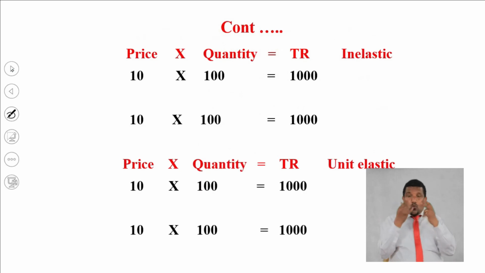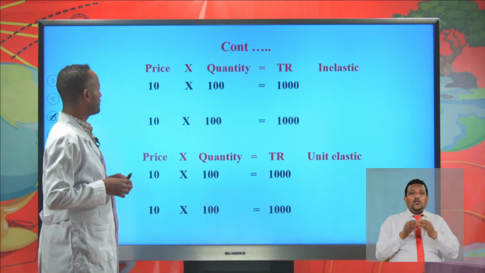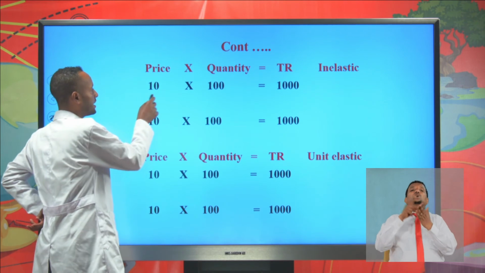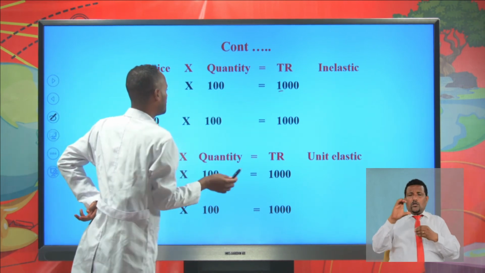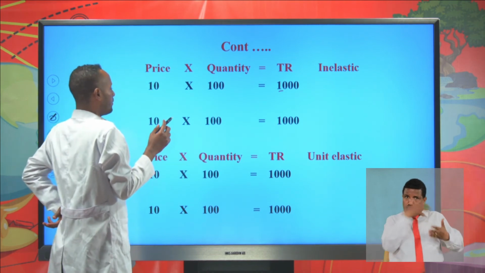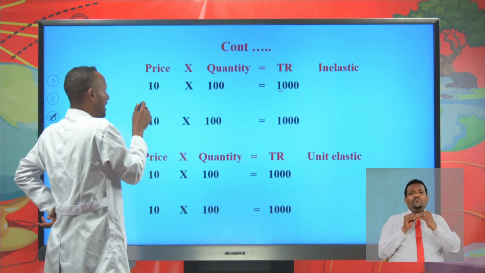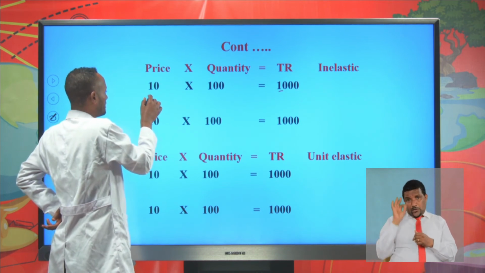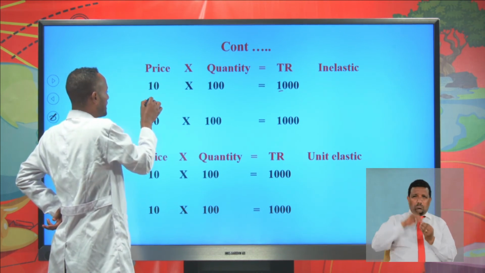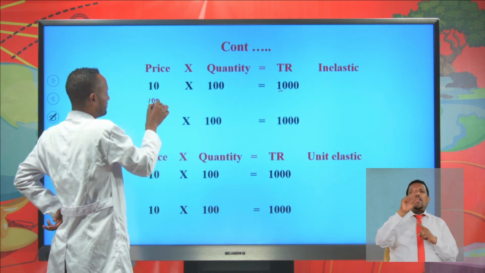Now let's see when the buyer is inelastic. Suppose the price of a kilogram of something is 10 birr and the firm sells 100 kilograms, so the total revenue was 1000 birr. Now if the buyer is inelastic, there can be a higher increment in price. Let's say the price increases from 10 to 100, 10 times.